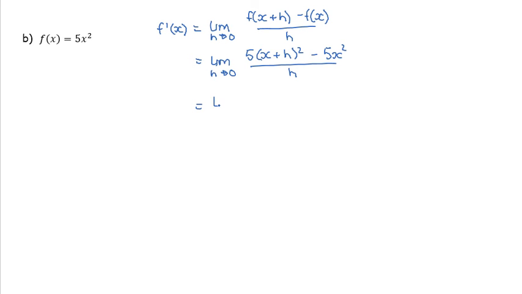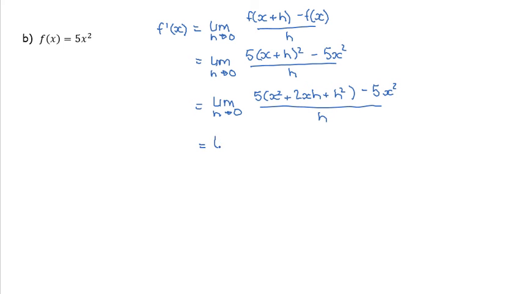Continuing on, simplifying that top line, limit as h tends towards 0. Now that becomes 5 times x squared plus 2xh plus h squared, minus 5x squared all over h.